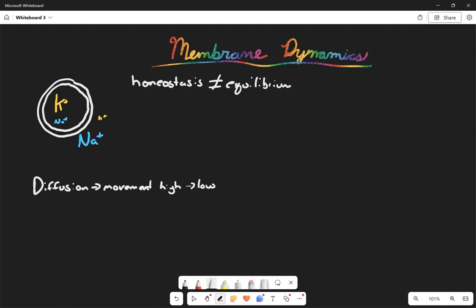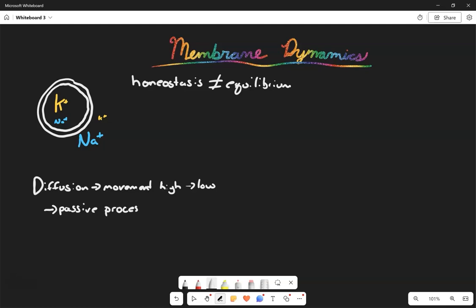When we talk about high to low, we talk about energy, right? They'll move from an area of high potential energy to an area of low potential energy. So this is basically a movement from high energy to low energy, and it's a passive process.